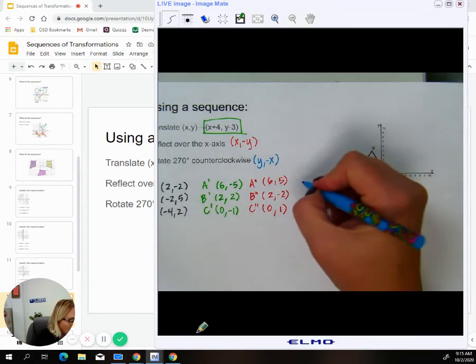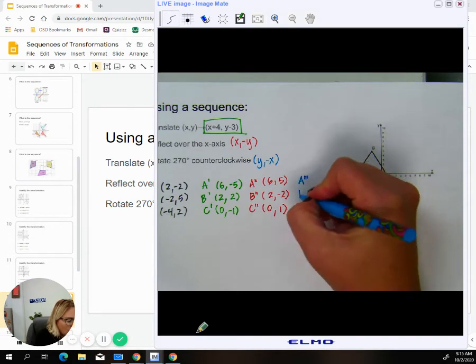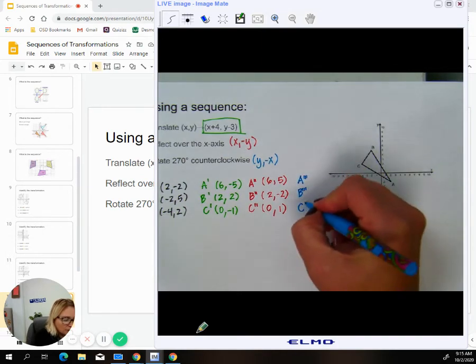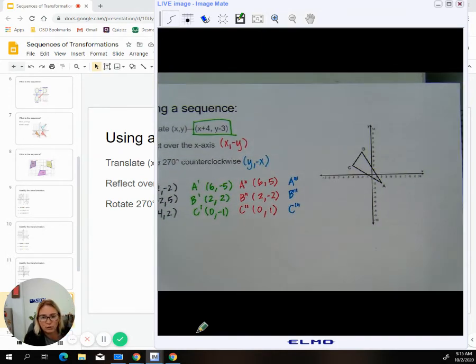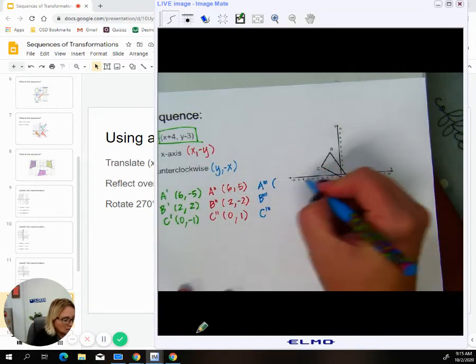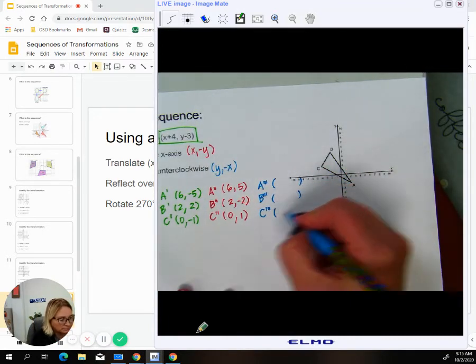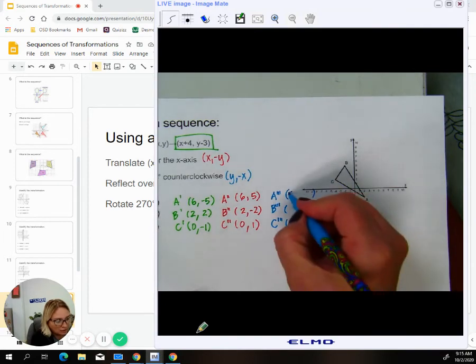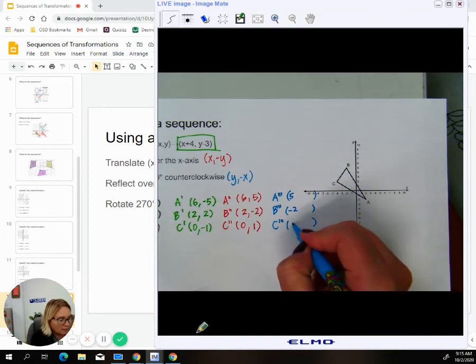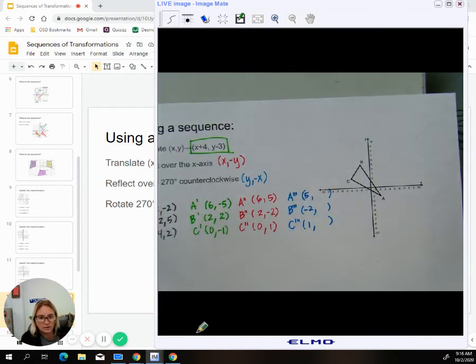So now I am going to do my last step or my triple prime to find my final image for this transformation. And you'll see I wrote my rule up there, y, negative x. So I am going to start by moving my y values to become my x values because that's what it's telling me.